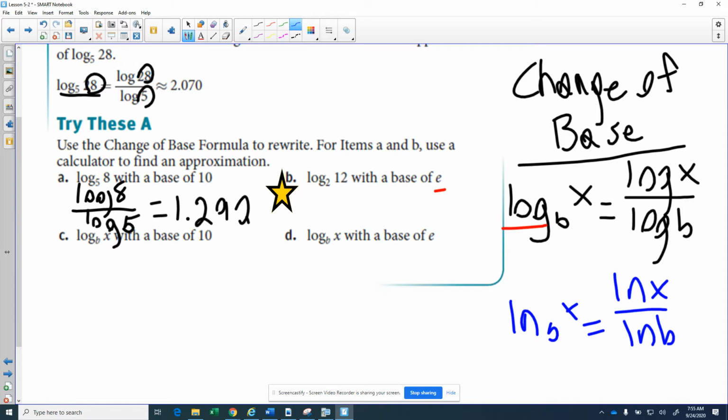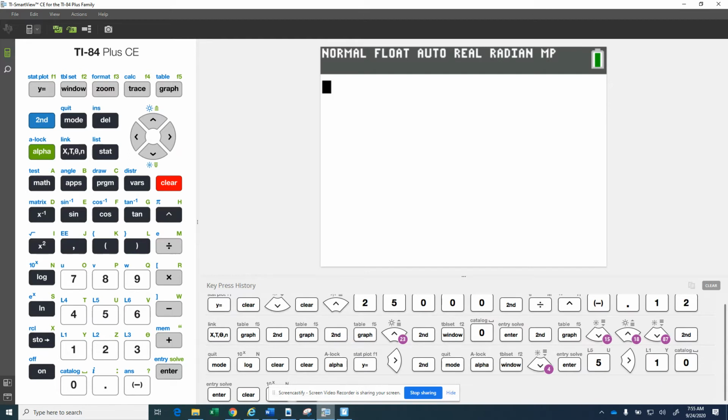You're still going to get the same answer whether you use the natural log or the log. In this case, this would come out to be natural log of 12 over the natural log of 2, which would give me an answer of 3.585. This is a method of solving logs without a graphing calculator. Like I talked about, at any point, you could use this method of plugging it in.